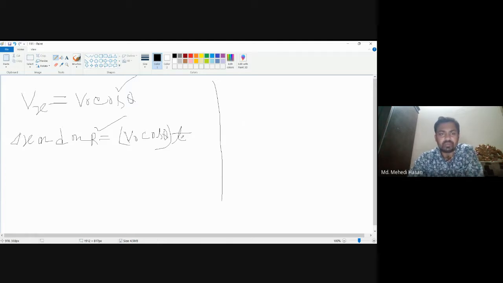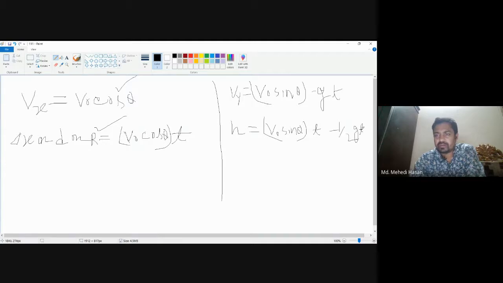Horizontally, they ask you to find these two things, or time also, if the horizontal range, initial velocity and angle are given. And vertically it will be vy equal to v naught sin theta minus gt, and the height h equal to v naught sin theta t minus half gt square, and the maximum height is h max equal to v naught sin theta square divided by 2g.